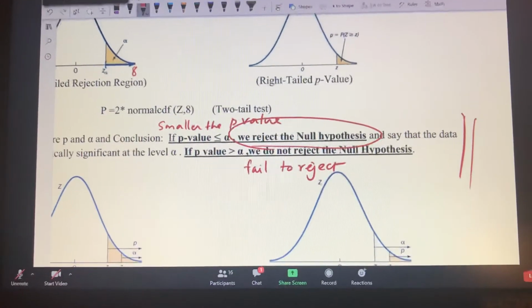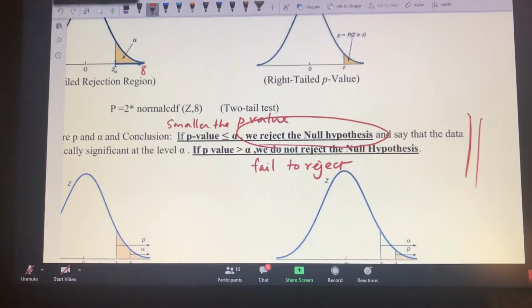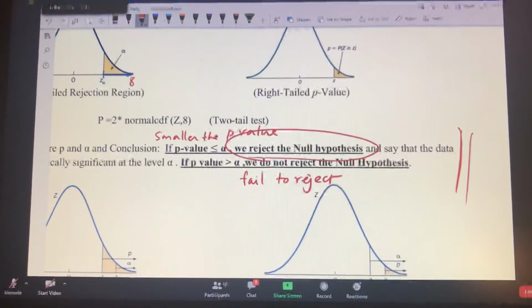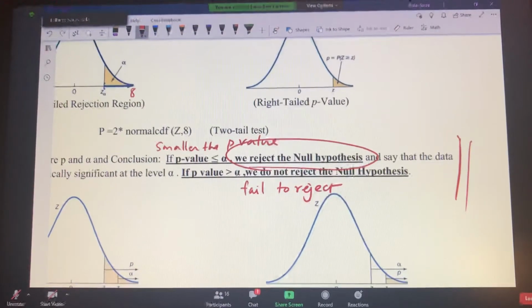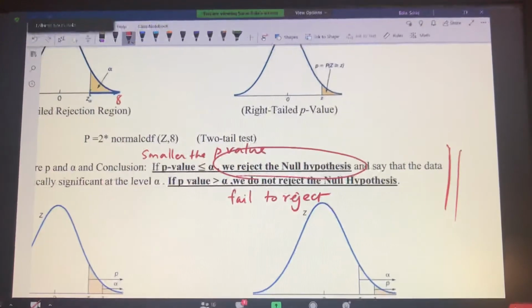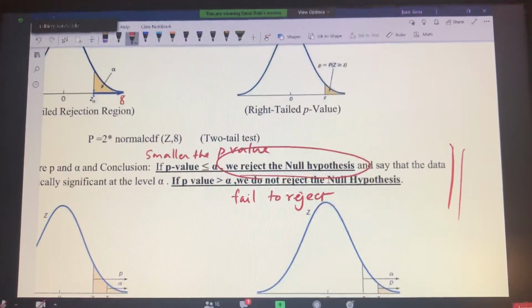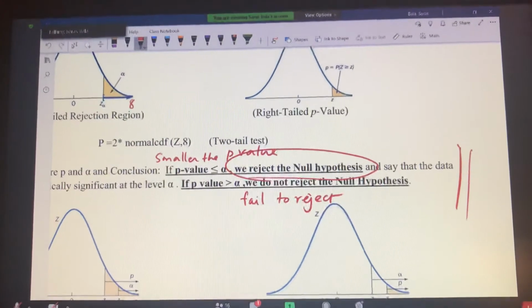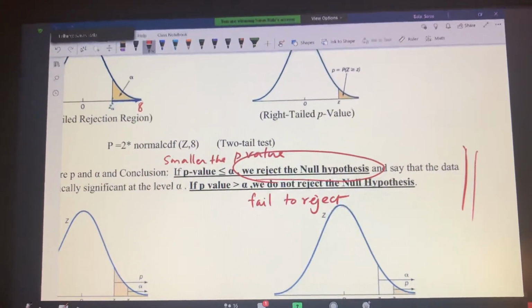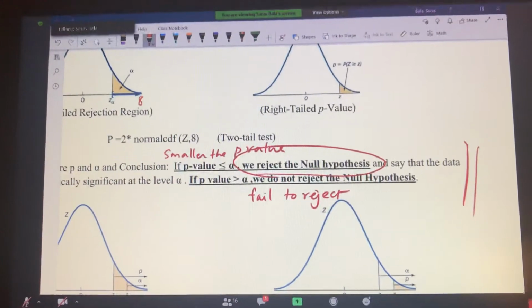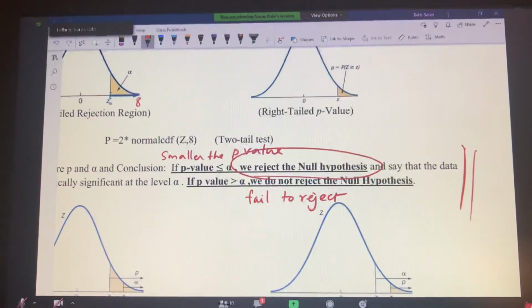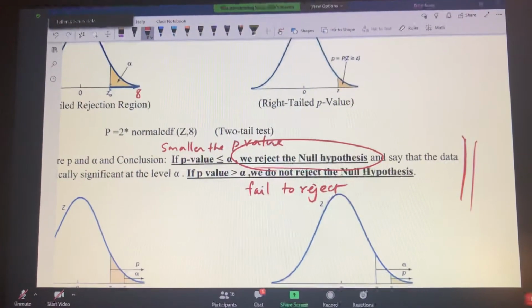This number alpha will usually be given in the problem, say 5%, 10%, 2%, 1%. Then you use your sample data to get the z-score, and with the z-score you get the probability. Now this probability value and alpha are going to be compared. The smaller the p-value, you are going to reject your null hypothesis.